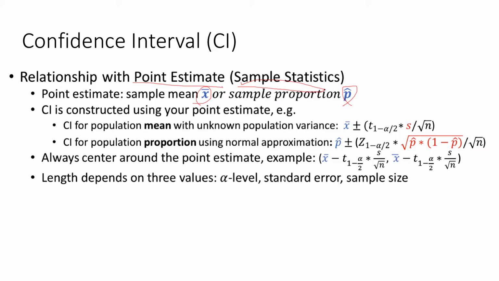That's why we are doing x bar plus or minus something, and p hat plus or minus something, right? And this confidence interval will always be centered around the point estimate.